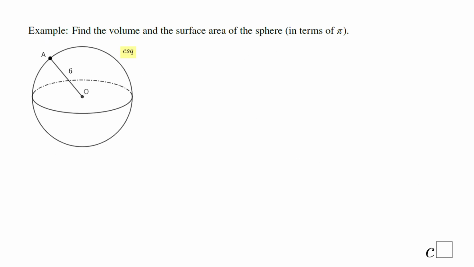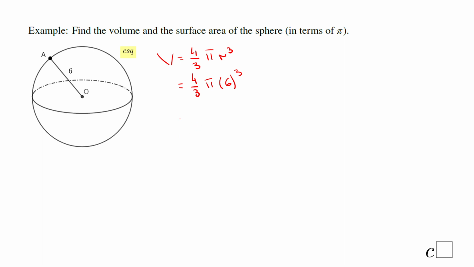So let's see this first example where we have to find the volume and the surface area of this sphere in terms of pi. So if you remember, the volume is 4 over 3 pi r cubed. So that means in this case 4 over 3 pi, r is 6, cubed.